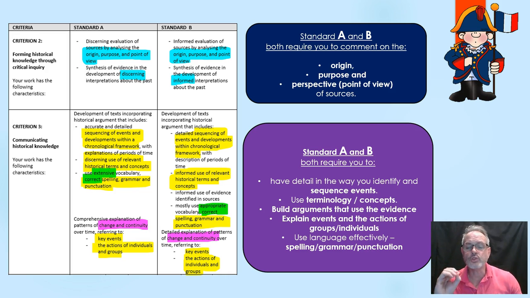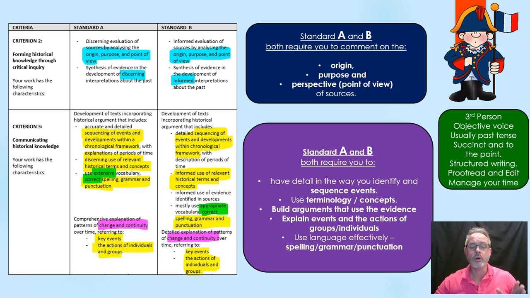Make sure that you're trying to explain events, explain the actions of different individuals and groups wherever you can. Drawing upon that criteria, show off that you can do it. Answer the question, but look for opportunities to show these elements. Always make sure that you use your spelling, grammar, and punctuation appropriately.